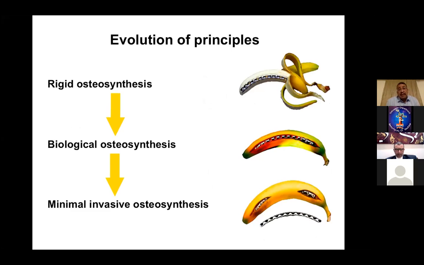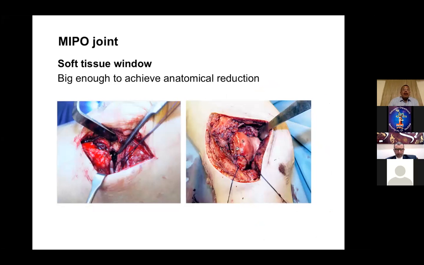But the principles are still going towards the biological approach. And we are in the era of minimal invasive surgery in all specialties, not only in fracture management. Minimal invasive doesn't mean to have small incisions, but it means keeping the biology of the bone and minimizing the soft tissue trauma.